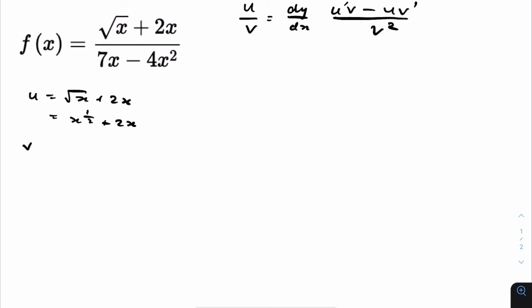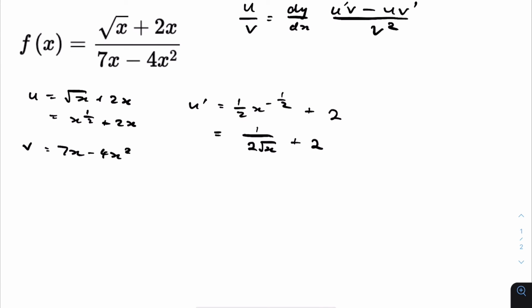Then v is 7x minus 4x squared, which means that u prime is half x to the power of negative half, plus 2, which is 1 over 2 root x plus 2.